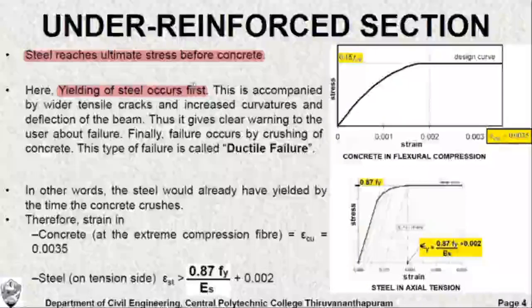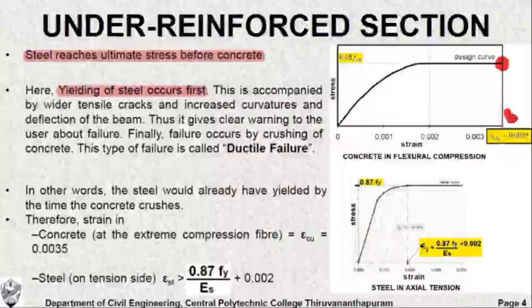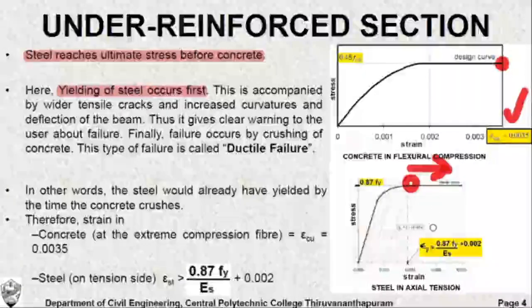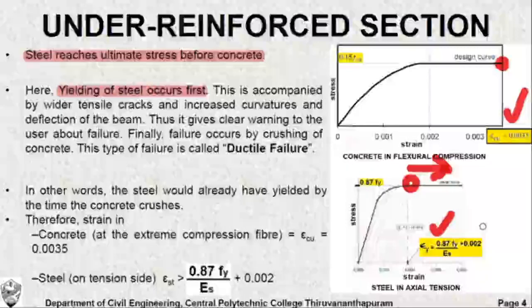So in other terms we can say when concrete reaches the ultimate compressive strain of 0.0035, the steel might have yielded already. That is, the strain in steel must have exceeded this value, 0.87 Fy by Es plus 0.002.